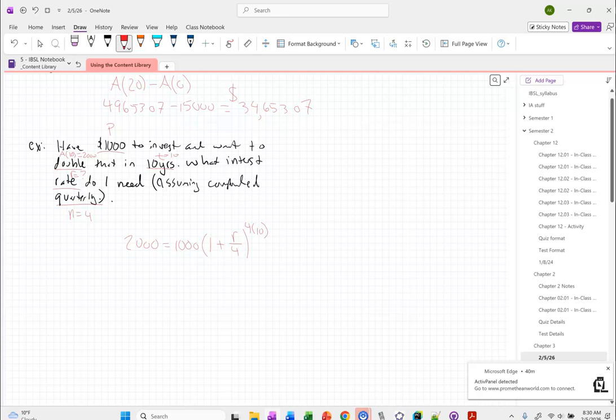First thing I would do would be... You said something. I just couldn't hear you. You kind of mumbled it. Okay. What do we do first when solving for r? Divide by 1,000, right. We have to get rid of this guy before we can worry about the exponent over there.